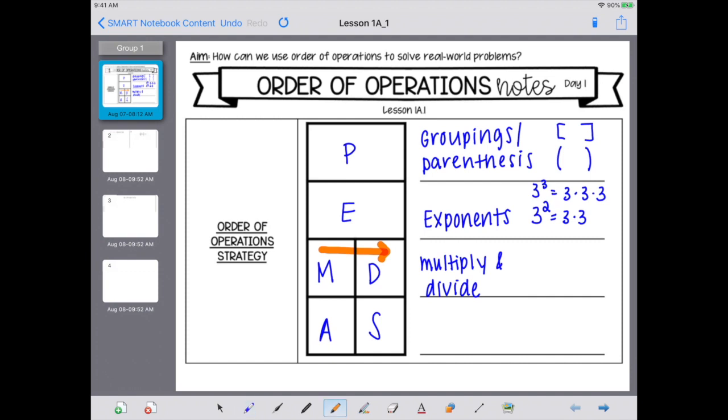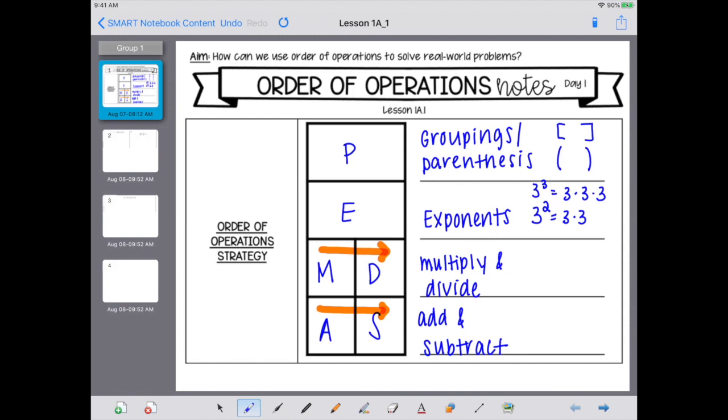Same thing with your addition and subtraction. Whatever comes first in the expression, going from left to right. So those are the key things with multiplication and addition and subtraction. So let's say if we had an expression that had 14 divided by 2 times 6, you're going to do 14 divided by 2 and then multiply by 6, whatever the answer is.